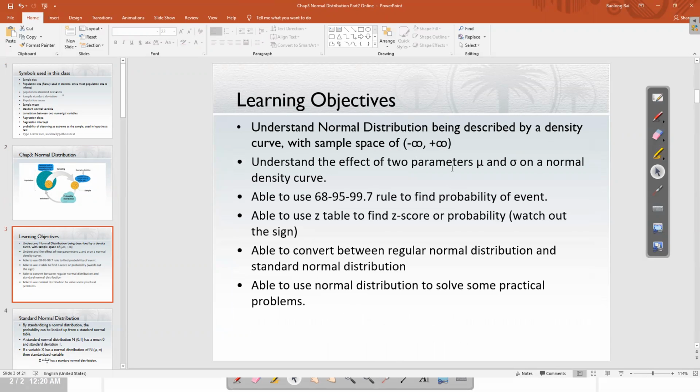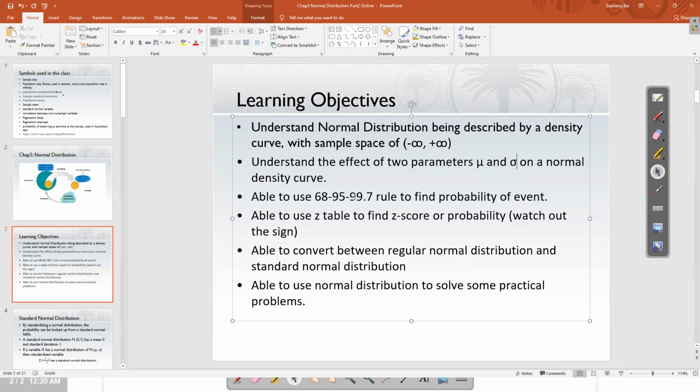Normal distribution has two parameters, mu and sigma, the population mean and the population standard deviation. We need to understand how mu and sigma affect the look of the density curves.